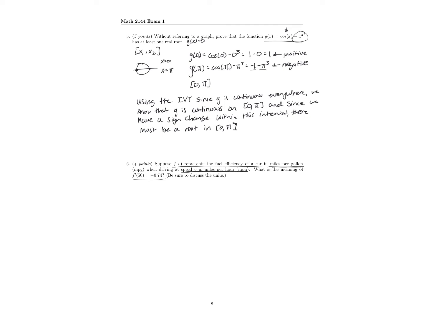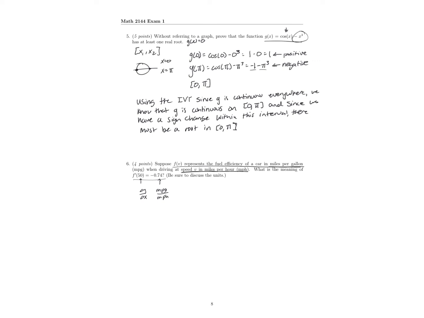Similar to the slope formula, change in y over change in x, our change in y is the fuel efficiency in miles per gallon, over the miles per hour.